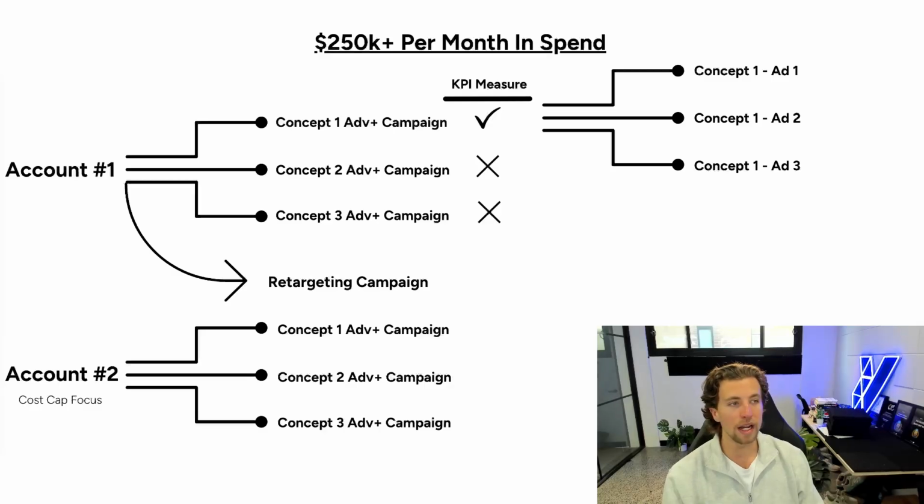Now, the reason why a second account seems to always work at these high spend levels is what people believe, and I don't have any proof of this, but it's believed that as you continue to scale spend in a primary account, the bids for placements on high intent users continue to increase and increase.